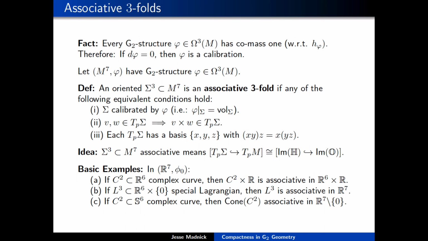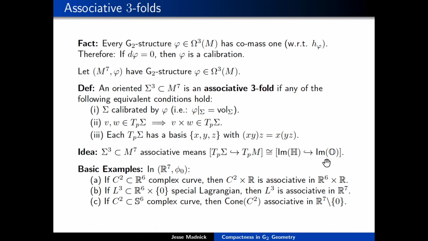And so geometrically, we can think of the flat model of an associative sigma 3 in M7. We're really saying that the tangent space to sigma sits inside the tangent space to M, somehow in the same way that the imaginary quaternions sit inside the imaginary octonions. This is the model of what's happening here on the linear level.